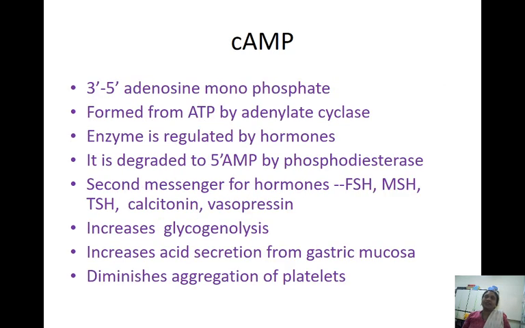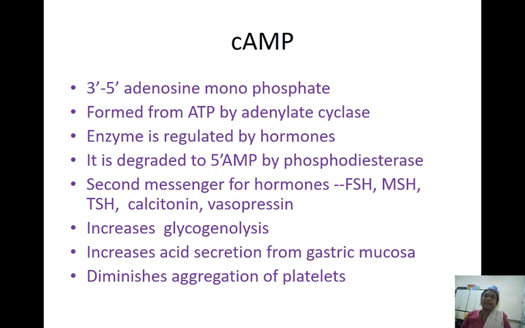Now coming to cyclic AMP. It is a cyclic nucleotide, chemically known as 3',5'-adenosine monophosphate. It is formed from ATP by the membrane-bound enzyme adenylate cyclase, and this adenylate cyclase activity is under the control of hormones.